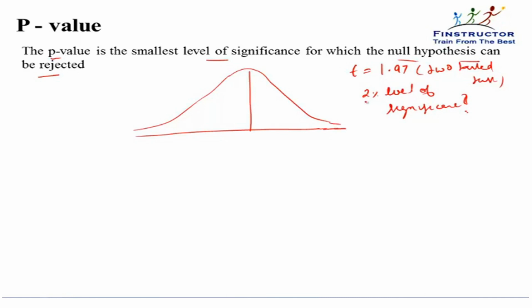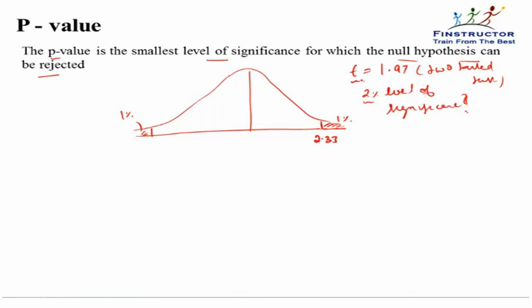Now please recall, in a two-tailed test, if the level of significance is 2%, that means the rejection region will have 1% on the right hand side and 1% on the left hand side. The critical value for a 2% level of significance hence will be 2.33 units.